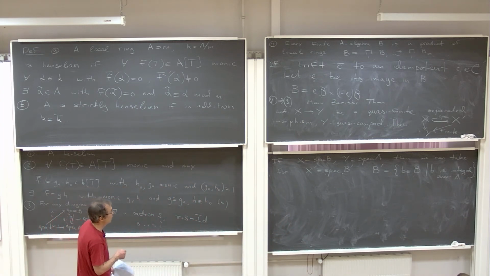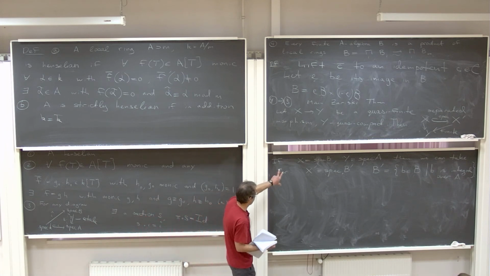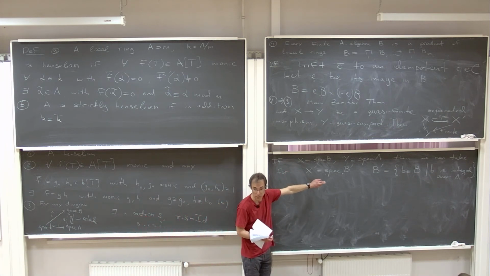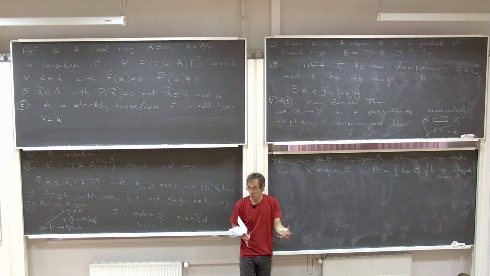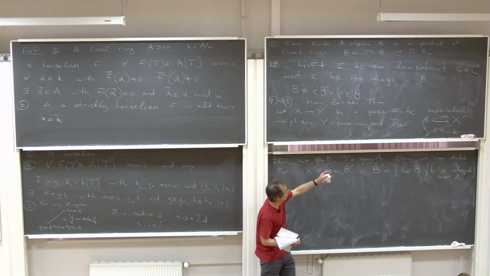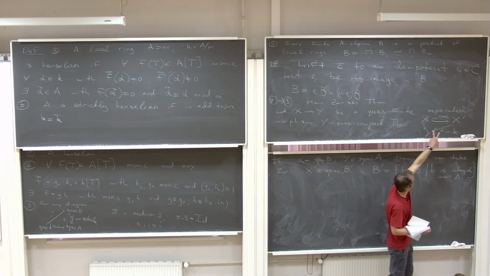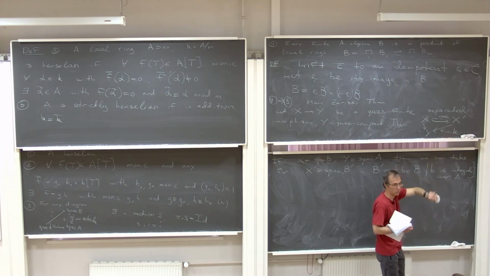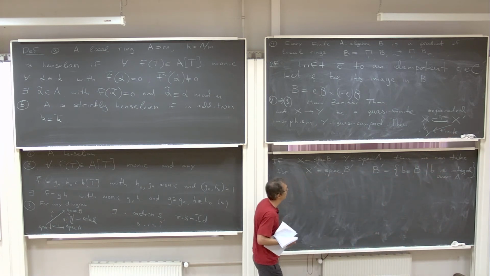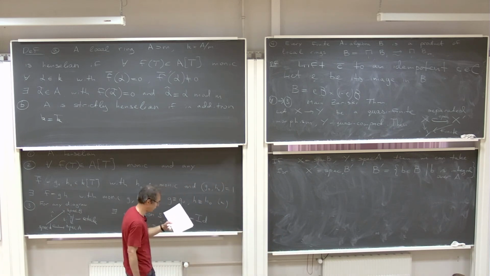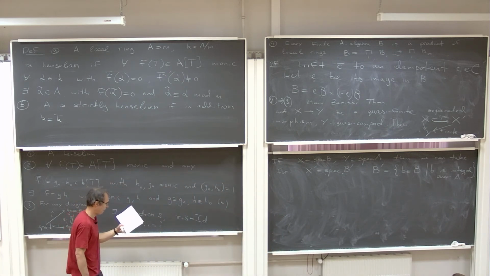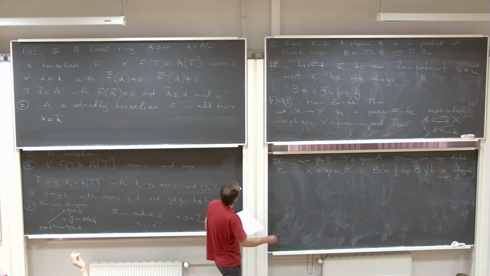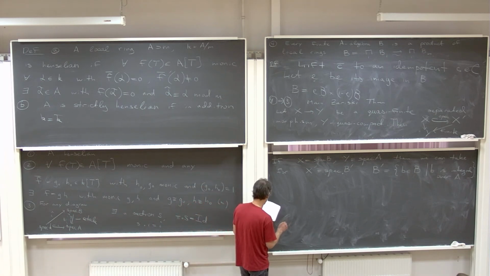So the claim is that for affine schemes, this construction works. And what is the main point here? The main point is that with this definition, this is an open embedding. It requires a proof. It's not obvious. So that's what I will use. Now let's see. So let's apply this.